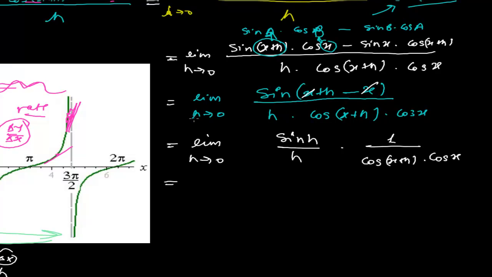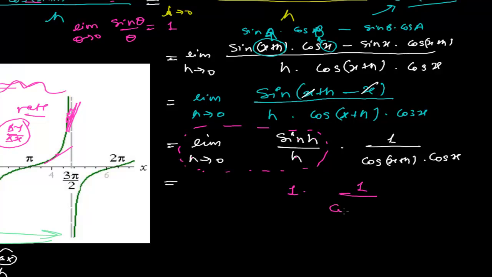A very important thing: limit h tends to 0, sin h upon h, that is what we learned exactly in the limit chapter. When theta tends to 0, sin theta upon theta is equal to 1. So here, sin h upon h, when h tends to 0, will be equal to 1. And it will now be 1 upon cos(x+0) times cos x, right?